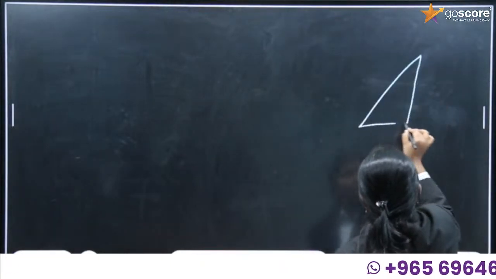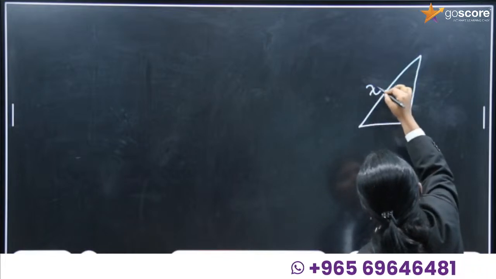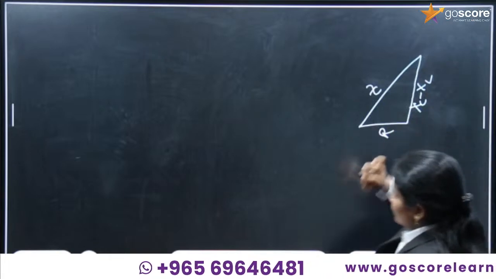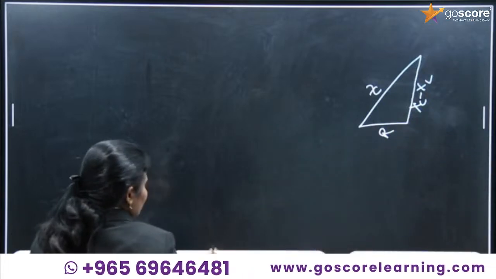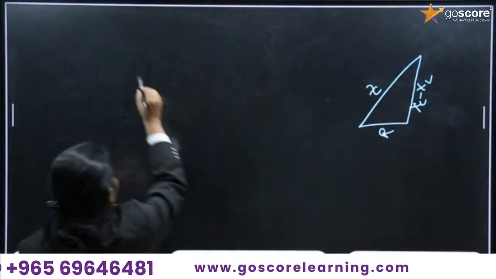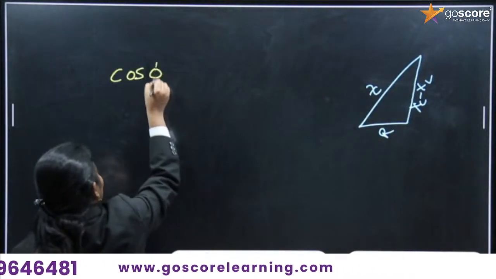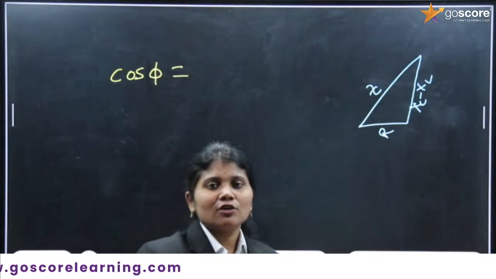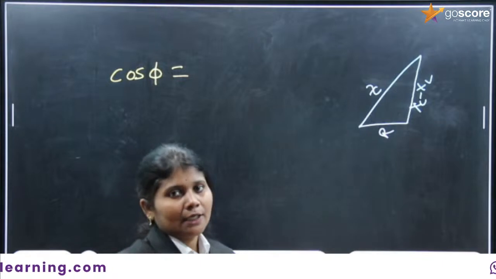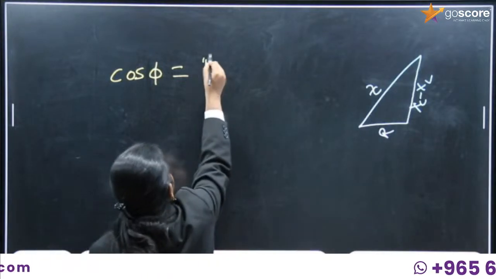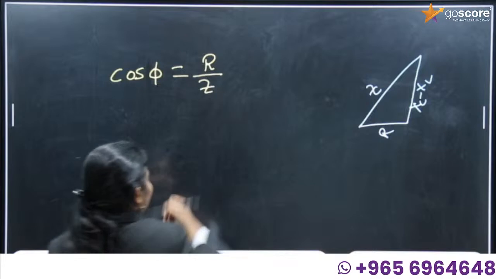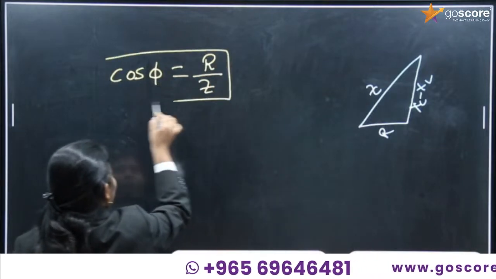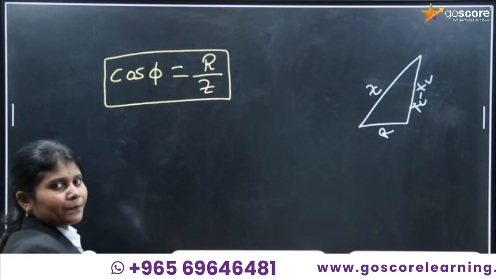It is a right-angled triangle with Z, R and Xc minus XL. What is the formula for cos phi? Adjacent side by hypotenuse, R by Z. This is the formula for cos phi.